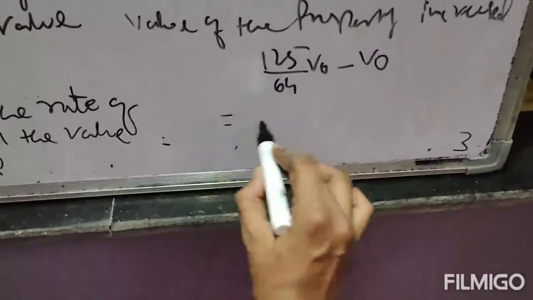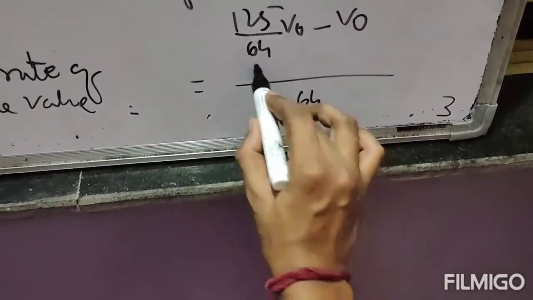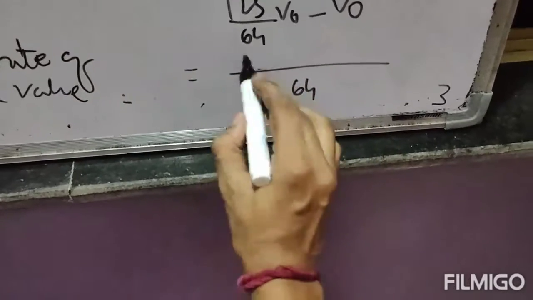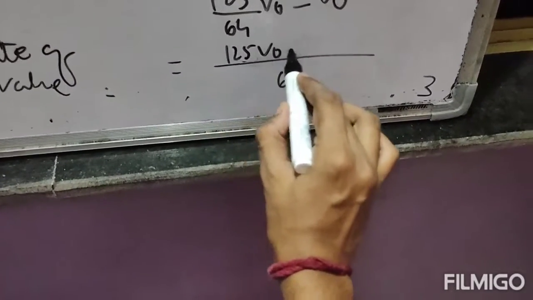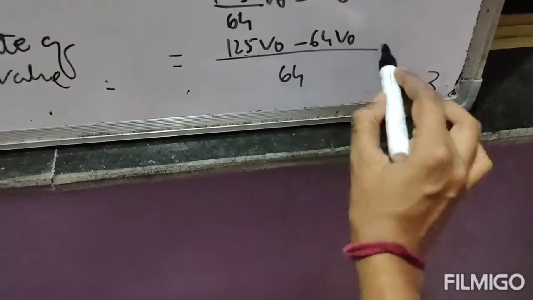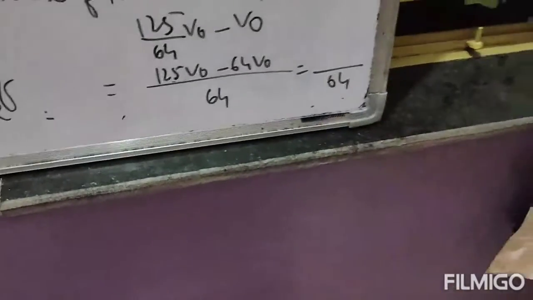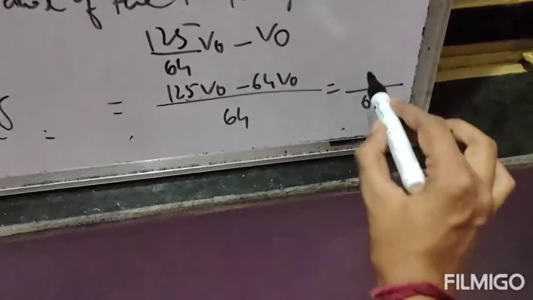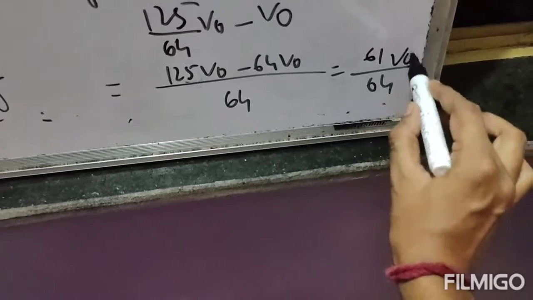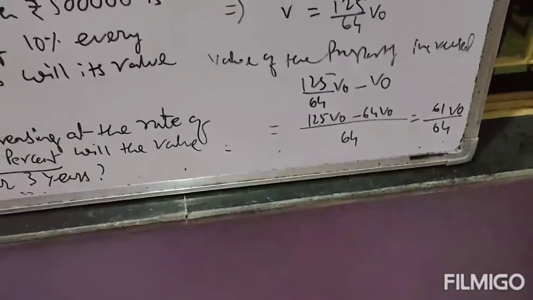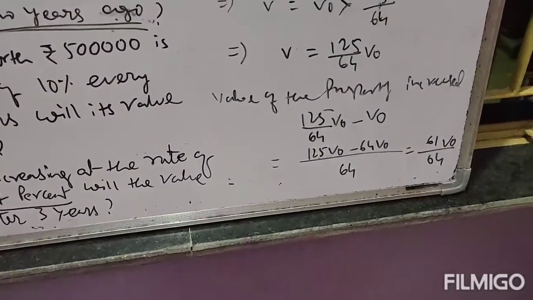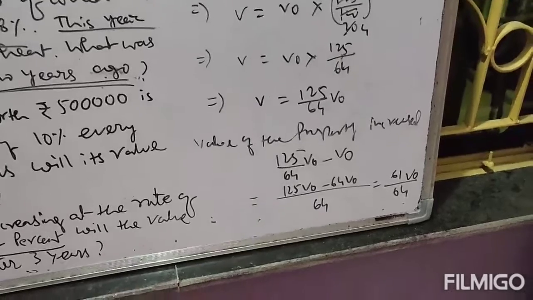Therefore just do LCM: 125 V0 minus 64 V0 over 64. This is 61 V0. So 61 V0 by 64. The value of the property increased by this.